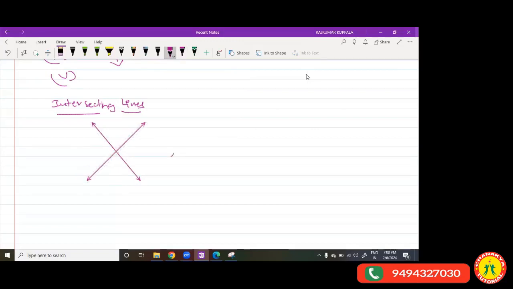If two lines are intersecting, then this point is called the intersecting point.